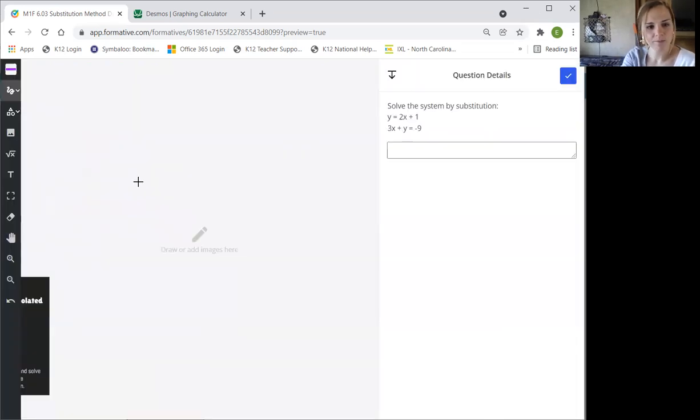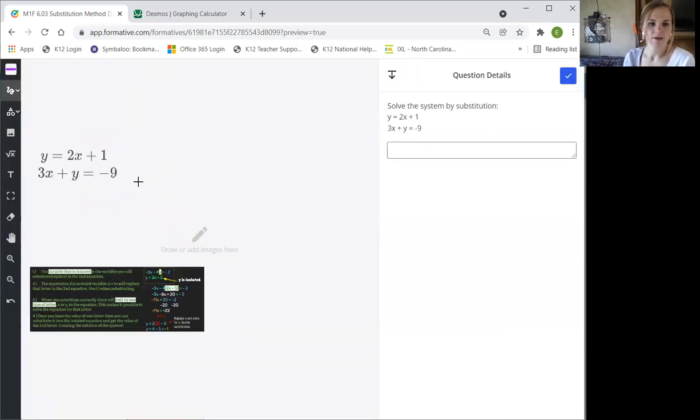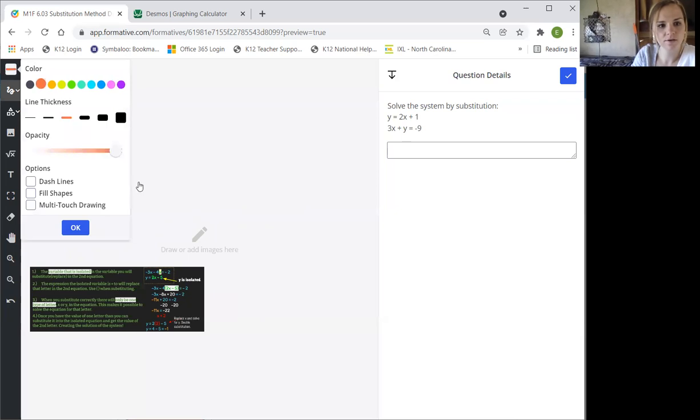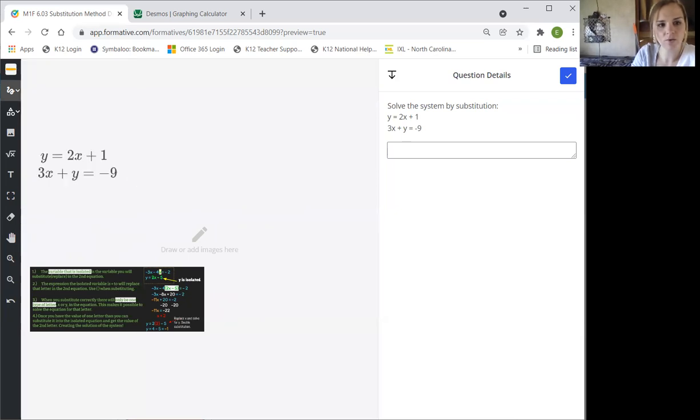The next example. So again here, we want to substitute. We have y already solved, so we're going to use y as what we're substituting. So we're going to replace y with 2x plus 1.